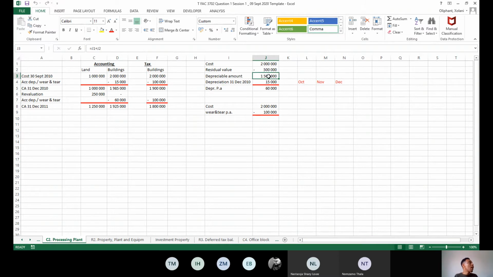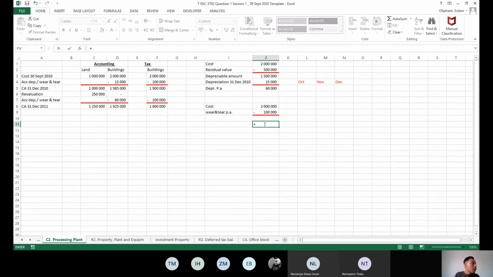We have our depreciable amount, and then we need to determine how much the depreciation would be for 3 months. So you would take your depreciable amount and multiply by the rate. What is the rate again? Is it 10 years or 20 years? I think it's 20 years. Just check quickly. Sorry, it's 25 years.